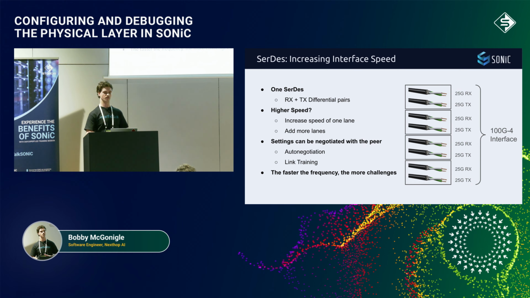There's a bunch of different configuration knobs that are important, and we have things like autonegotiation, where 2 peers advertise their capabilities and come to some form of agreement on those settings. And then we have link training, where the transmitter figures out the proper equalization taps, the coefficients of a small FIR filter, and pre-distorts the waveform to counteract and cancel the channel's loss, somewhat similar to noise-canceling headphones.